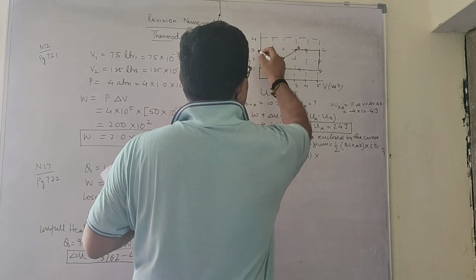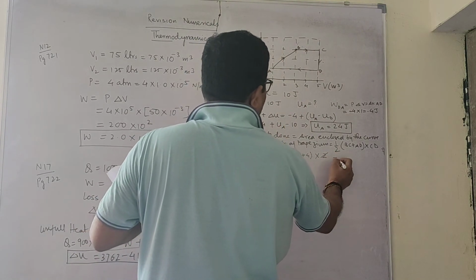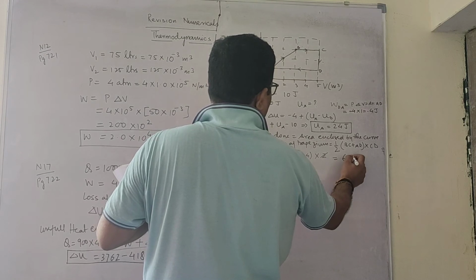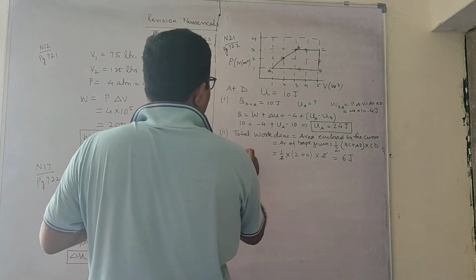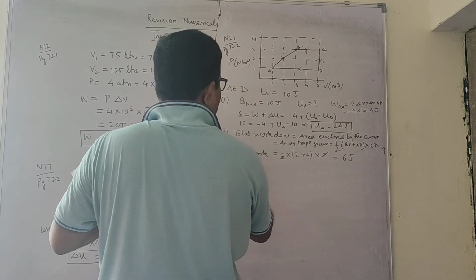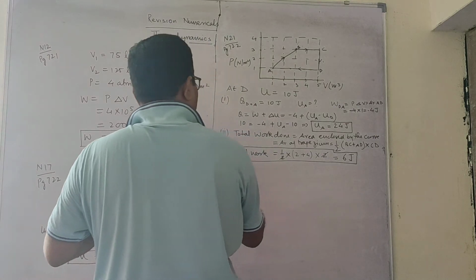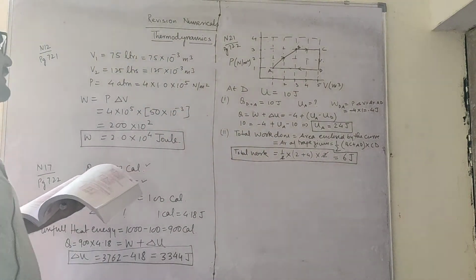CD is 3 minus 1, that is 2. 2 and 2 cancel out. What is left? You are left with 6 joule. So total work done is 6 joule.